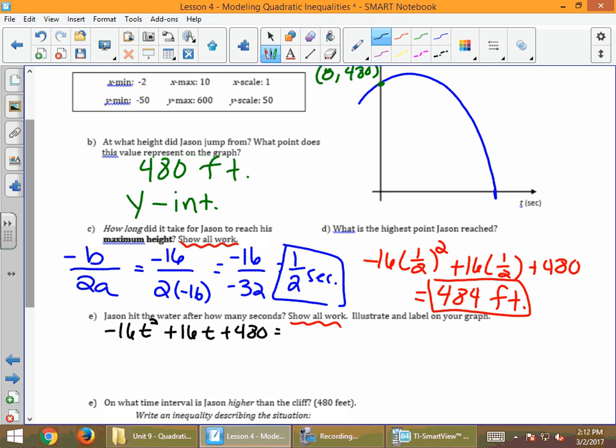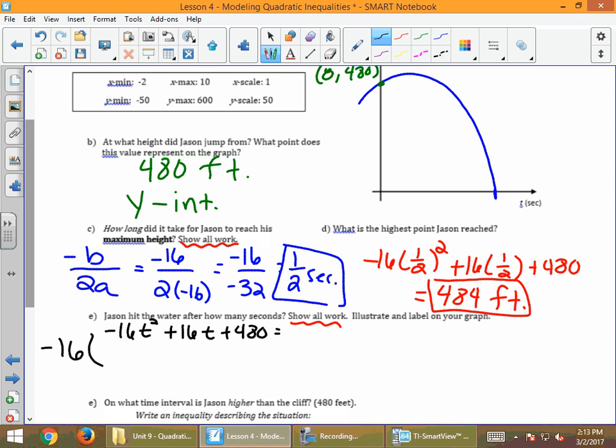Okay. Well, when factoring, what's the first thing that we do? Yes? GCF. And what can go into 16, 16, and 480? 16. What else do we have to take out with that 16? The negative. There's a negative out front. We have to take out a negative.